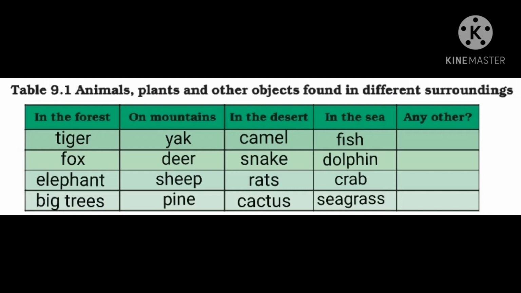Children, a fish cannot survive in desert where there is not enough water to live. The same way, a camel cannot survive in forest. A tiger also cannot survive in desert. From this box, we can understand that types of plants and animals are different in different surroundings.